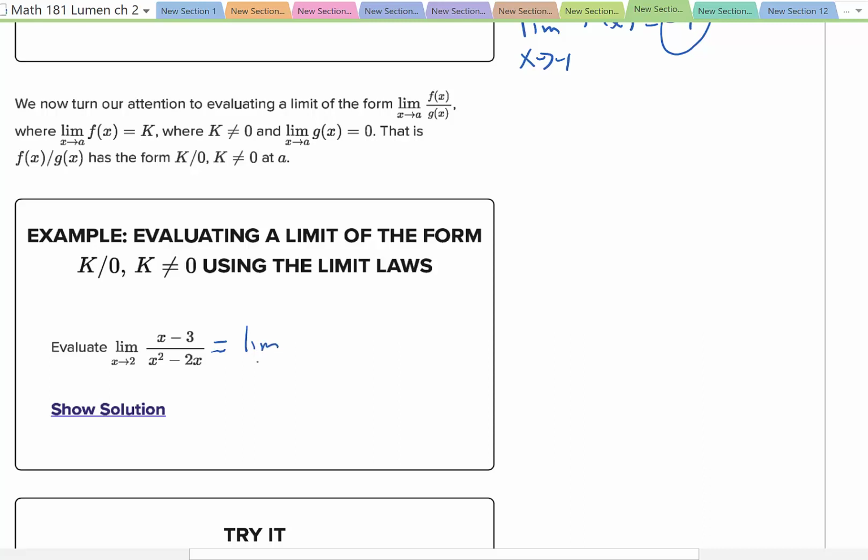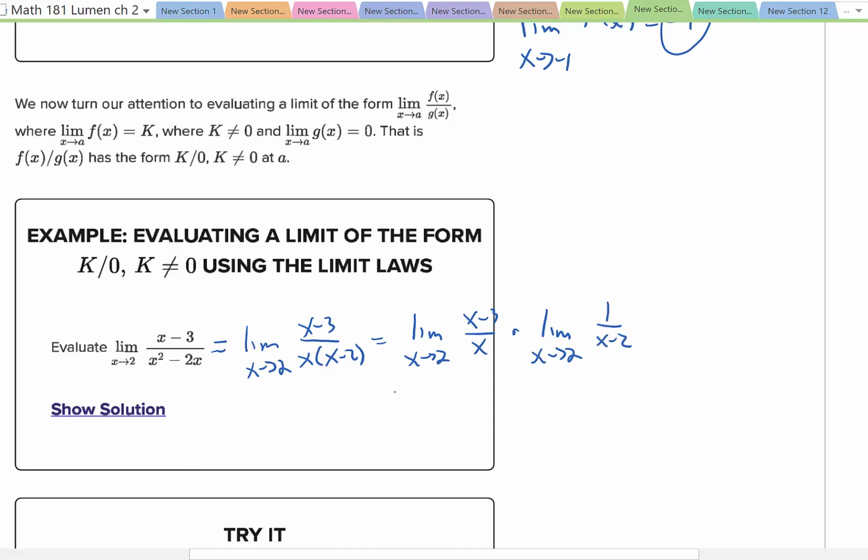The limit as x approaches 2, but treat this as x minus 3 over x times x minus 2. We could factor that x out. So we end up with the limit as x approaches 2 of x minus 3 over x times the limit as x approaches 2 of 1 over x minus 2.